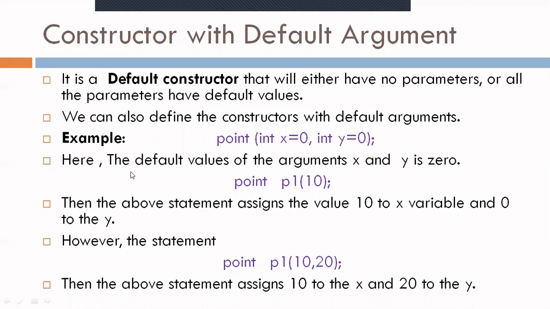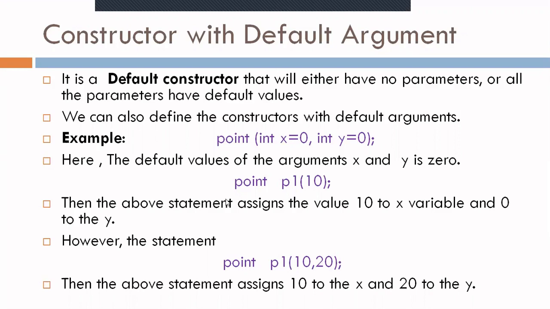That means the default value of arguments x and y is 0, and if we call the constructor while creating the object p1 of class point with value 10, that is only one argument value, then value 10 will be assigned to variable x and y will remain 0 as it has the default value.